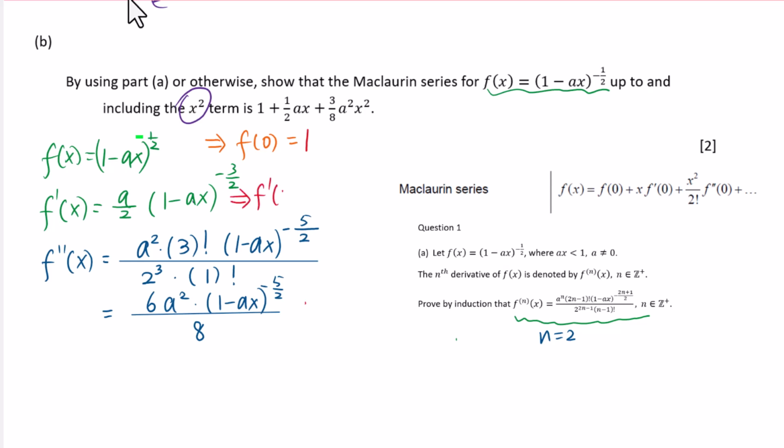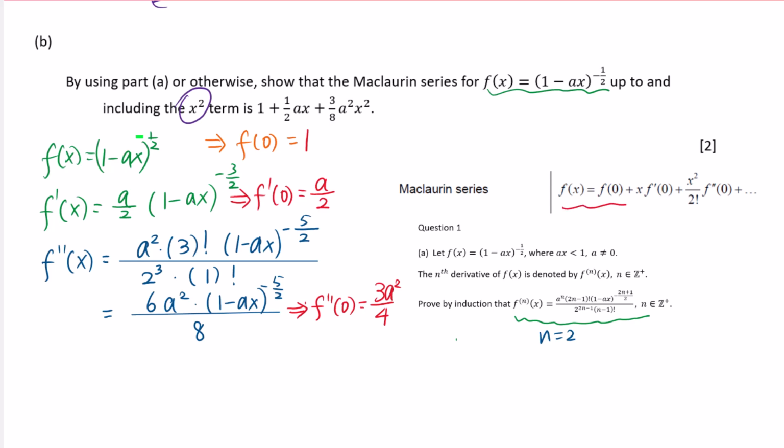F prime of 0, substitute 0 for x, is a over 2. From here, we got f double prime of 0. Substitute 0 for x. We get 3a squared over 4.